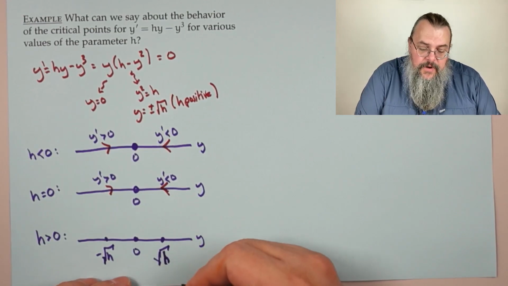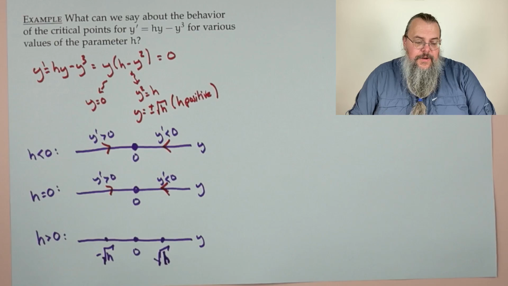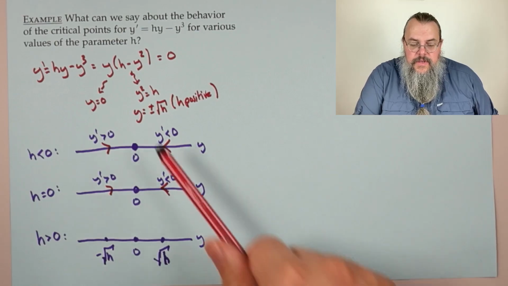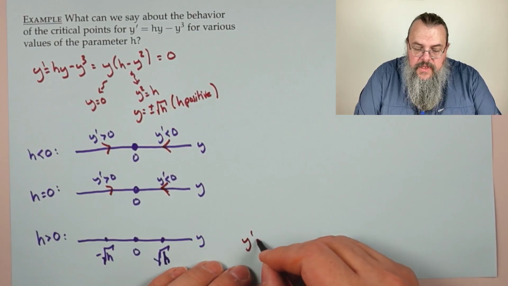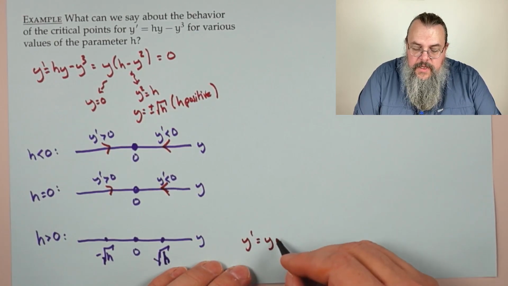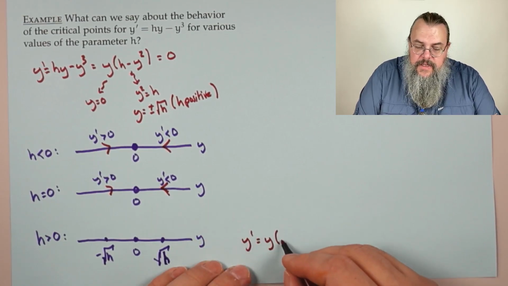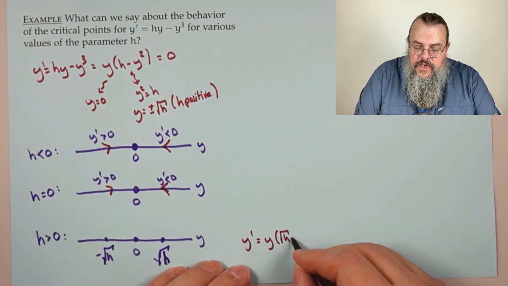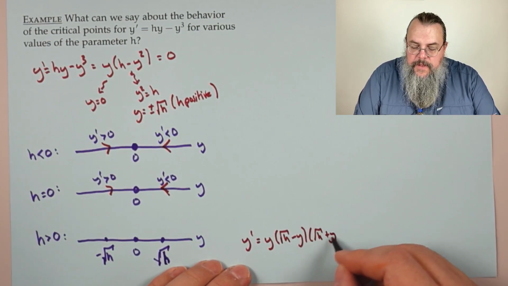We have to be a little bit more careful here. So we'll mark to the side what we have. And if we factor carefully, we'll see that y prime is equal to y times h minus y squared, which we can write in the following way, namely y times square root of h minus y and square root of h plus y.